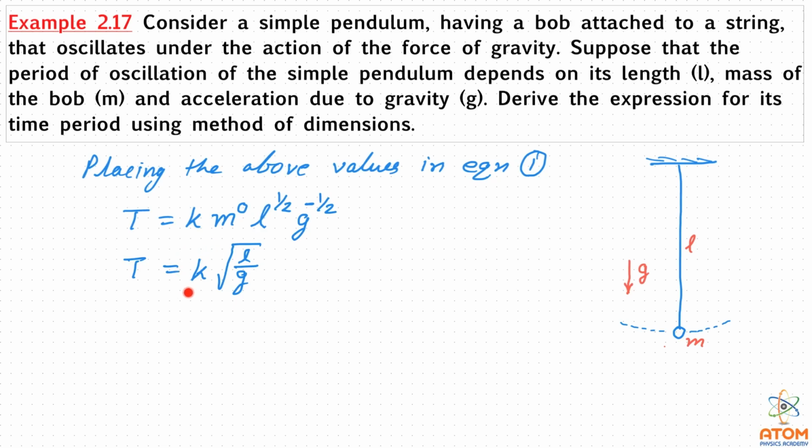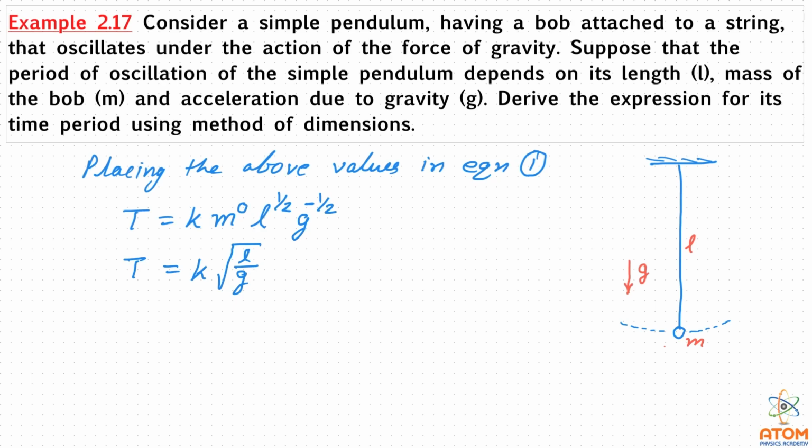So the remaining is K, and from that we can make K the subject and get the value of K, and this value of K will always come equal to 2 pi. I repeat, whatever setup you do of this kind, whatever length you put, whatever mass you take, you will get from this experiment the value of K equal to 2 pi only.